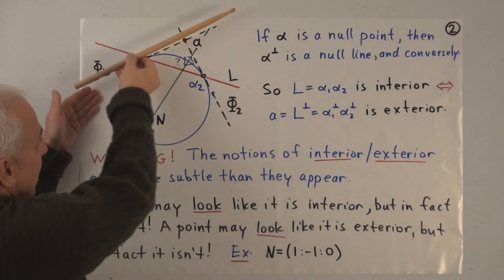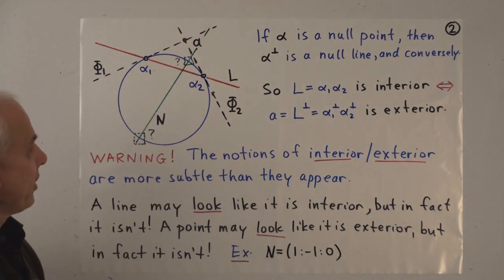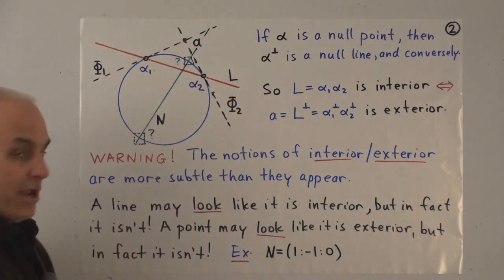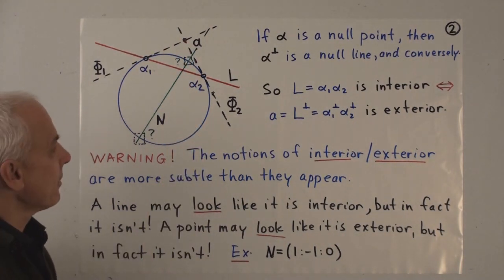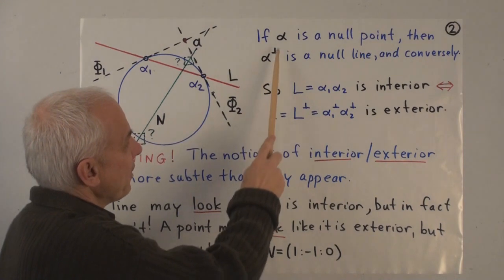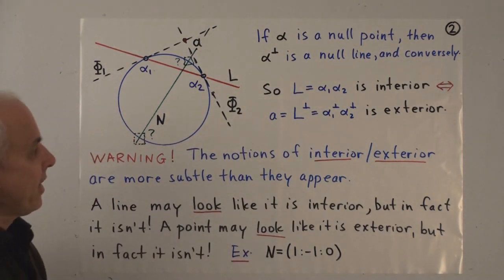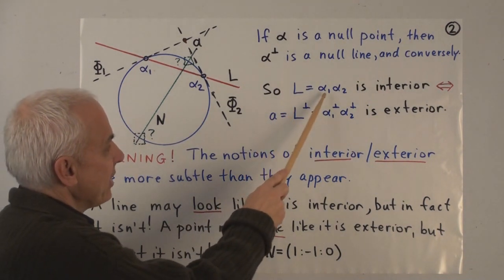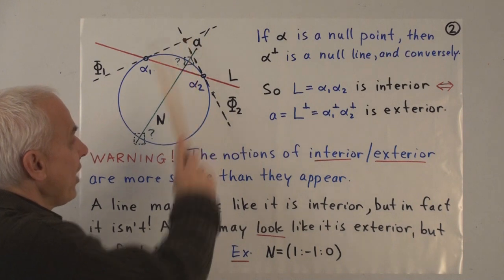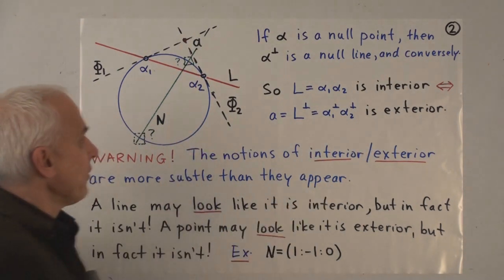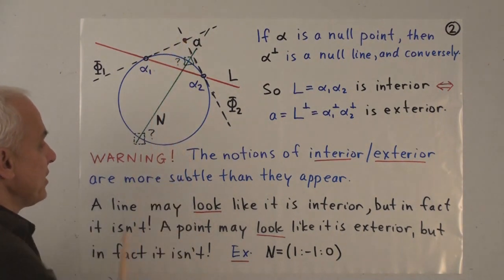And those two null lines meet at that point A there, which of course is the dual to this line L. But this point here is an exterior point. So we're just observing here that if alpha is a null point, then its dual is a null line, and conversely. And so the line L equals alpha 1, alpha 2 is interior precisely when its dual, in this case A, is exterior. That interior line has a dual, that exterior point.